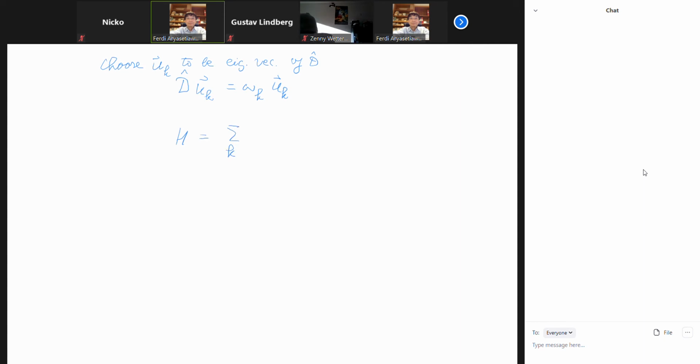So this is the usual trick of transforming the Hamiltonian to a diagonal form. So basically we have diagonalized the Hamiltonian, and of course then the form becomes diagonal. It's nothing funny about that.